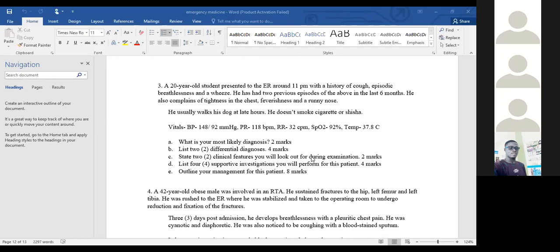Exactly. Of course. Sometimes if you write full blood count, and sputum for microscopy, you write all that and then come and write inflammatory markers, we can go ahead and mark you correct.